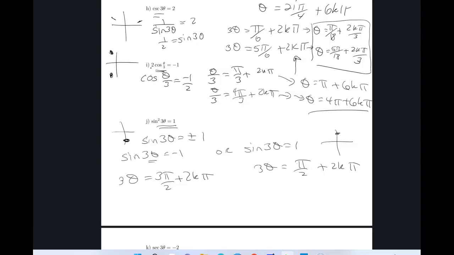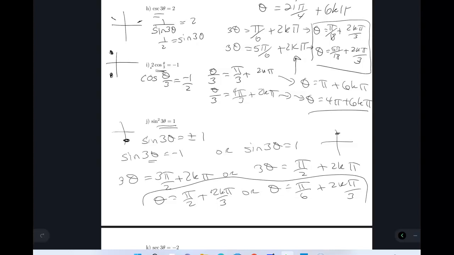Okay, so let's think about these. We could just continue and finish off and get theta, dividing through by 3, is pi over 2 plus 2k pi over 3, or theta is pi over 6 plus 2k pi over 3.